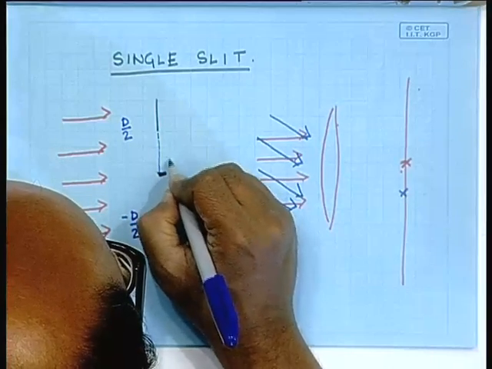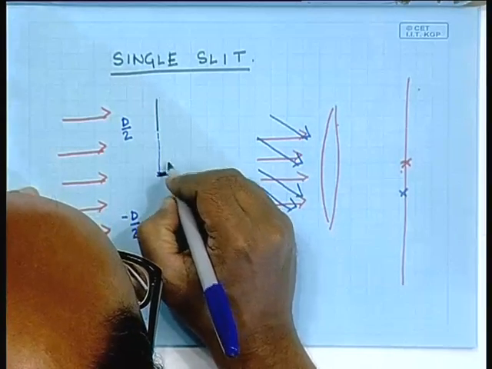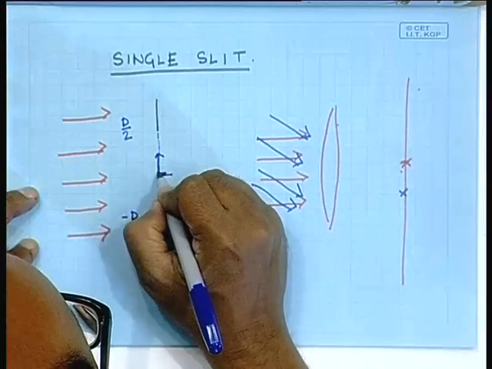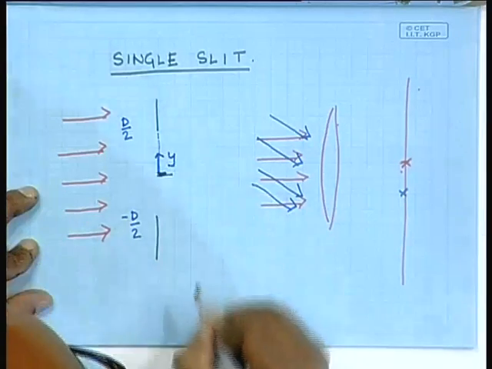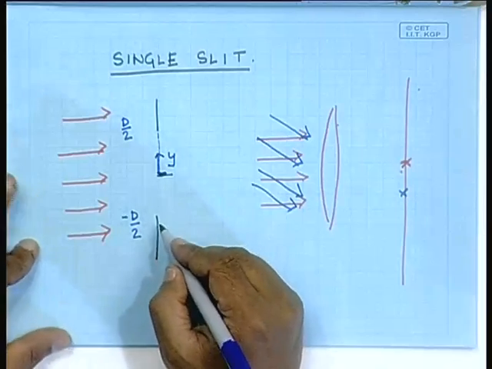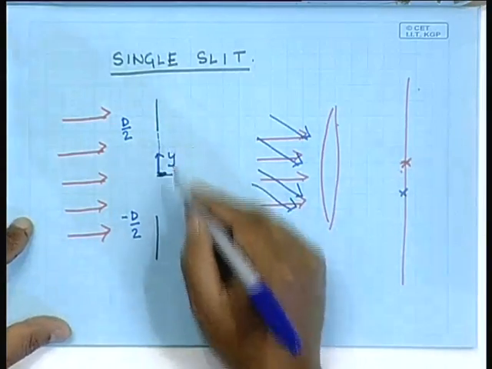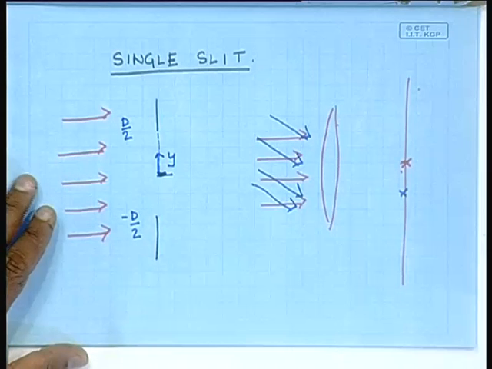So, I will call this the y direction, this is the center, y equal to 0 at the origin, and this is a distance y away. This is minus y, y goes from minus d by 2 to plus d by 2. This is my aperture, this is my slit.